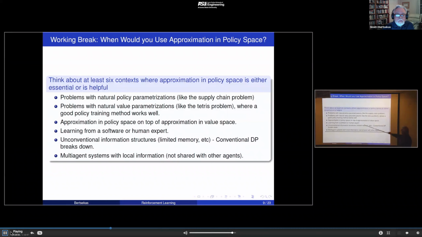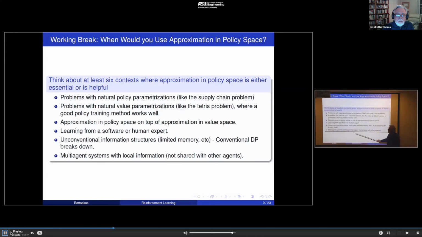Okay, I think I mentioned this at some lecture in the past, approximation in policy space on top of approximation in value space to facilitate the implementation of a suboptimal policy. Another one, use policy parameterization and policy optimization to learn from a human expert or a software expert that generates good controls.